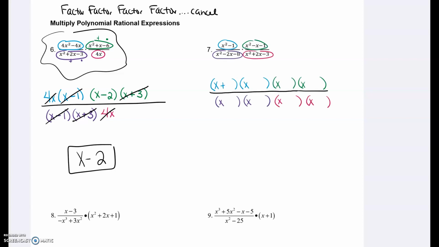x squared minus 1 factors into x plus 1, x minus 1. If we're multiplying to get 1, it's definitely going to be 1 and 1. But, oh shoot, that didn't all come through. That is supposed to be a 12 right there. I don't know why it doesn't show up on there, but it's supposed to be a 12.